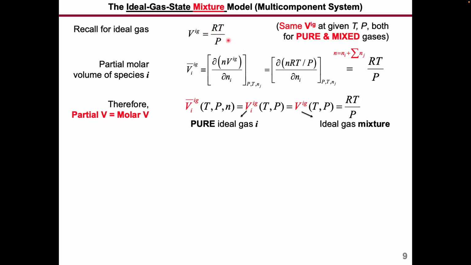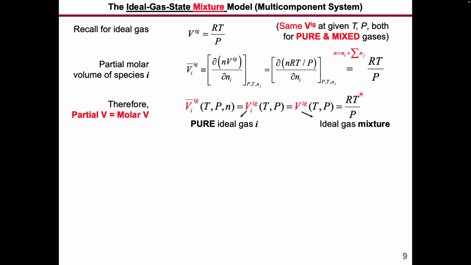But the gas mixture molar volume is also equal to RT divided by P. So that means your partial molar volume is equal to the molar volume of the mixture, right? So this expression, the partial molar volume, the pure species, and the ideal gas mixture are the same.